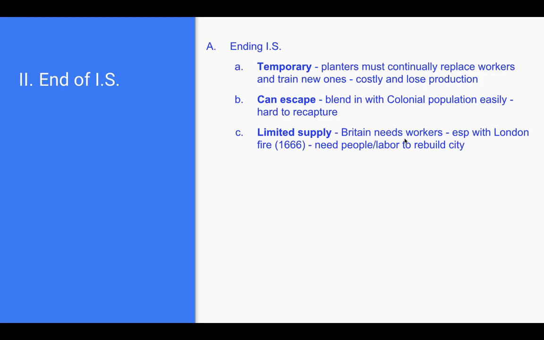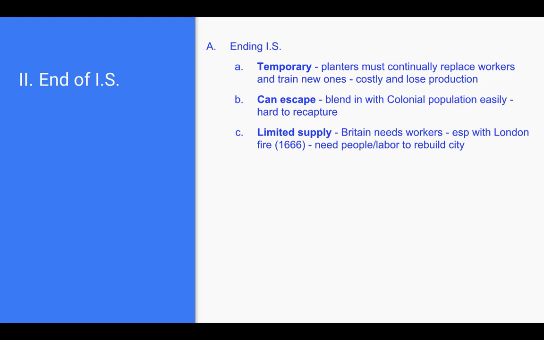They need labor to rebuild the city. As a result, they're not encouraging people to go to the colonies as indentured servants. This lessens the supply going to the colonies, and as you recall, the colonies really needed a lot of labor to make especially the farming work and make it productive and make a profit and make it worth its while.